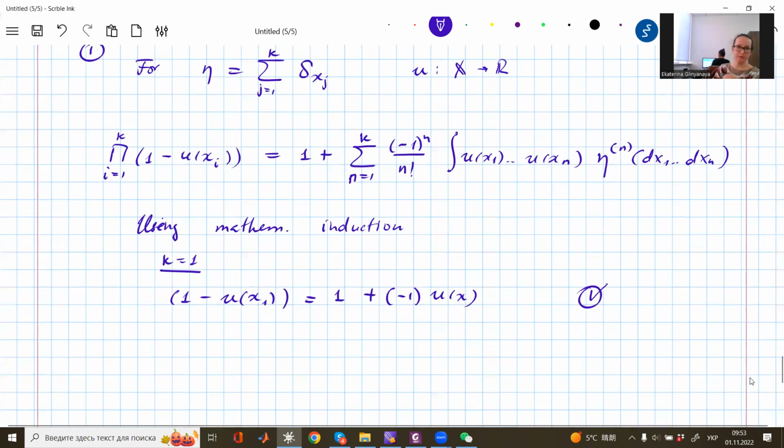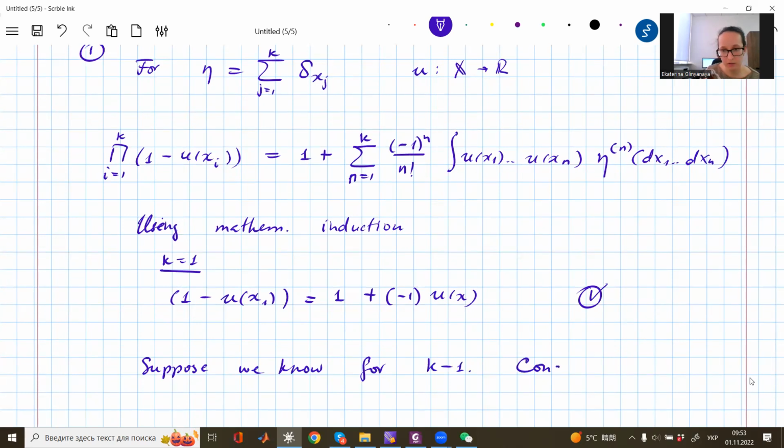Now suppose that we know this proposition for k minus 1, and consider it for k.